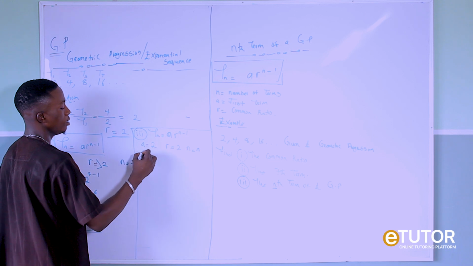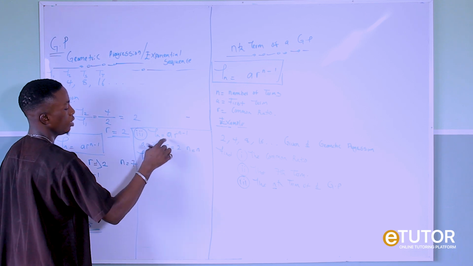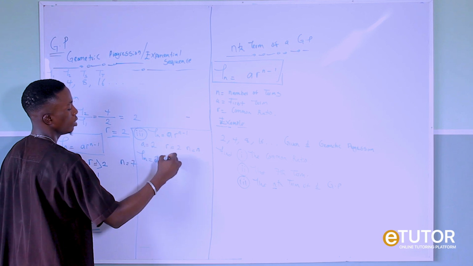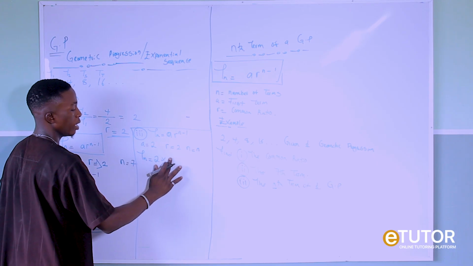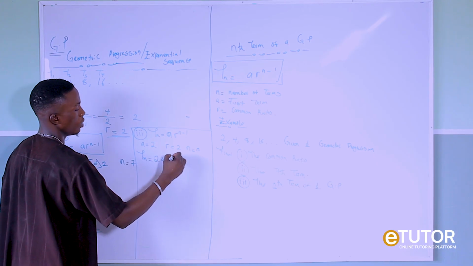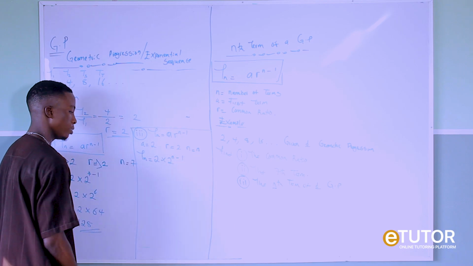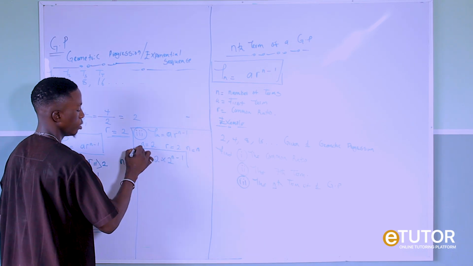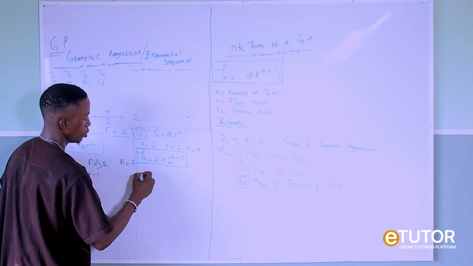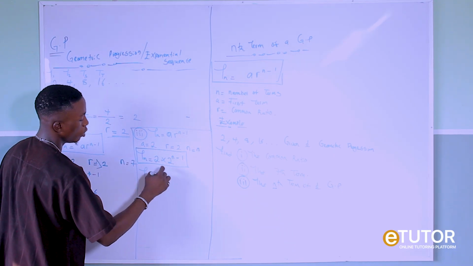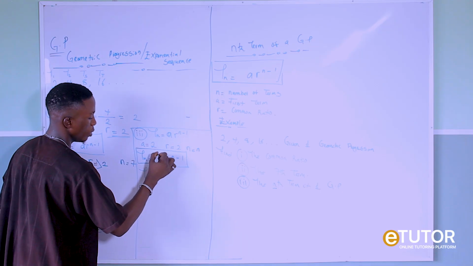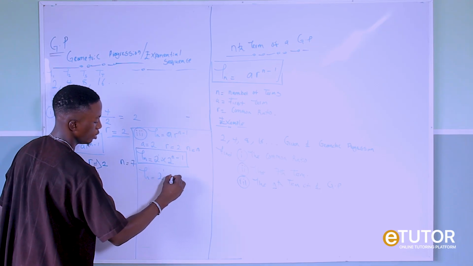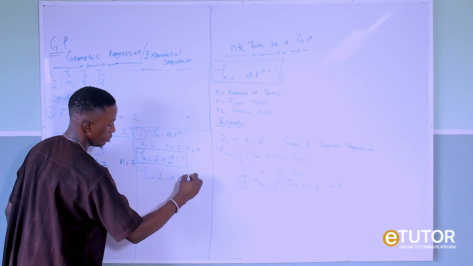So my Tn equals a, that is 2, times r, that is 2, raised to power n minus 1. Now we have to simplify this using the laws of indices. So we have Tn equals, there's an invisible raised to power 1 here, so we have 2 raised to power 1 times 2 raised to power n minus 1.